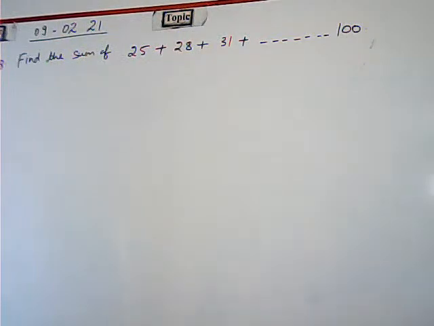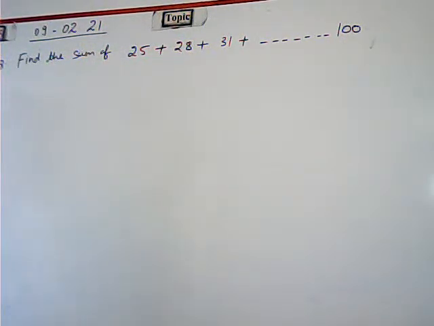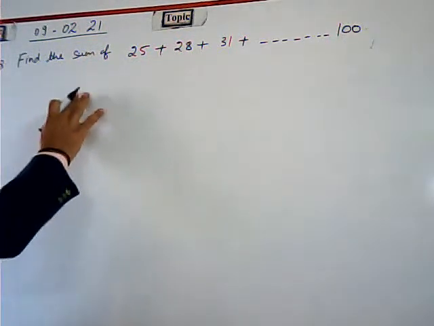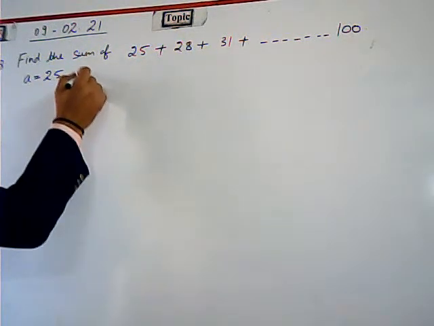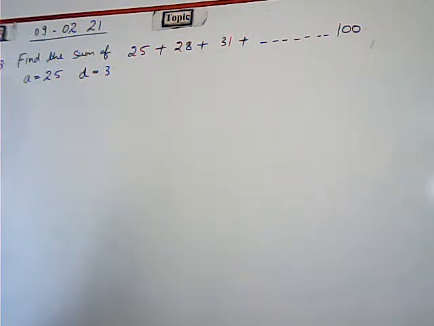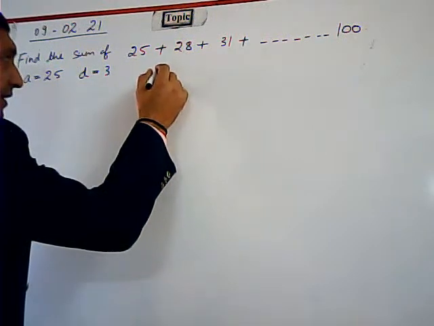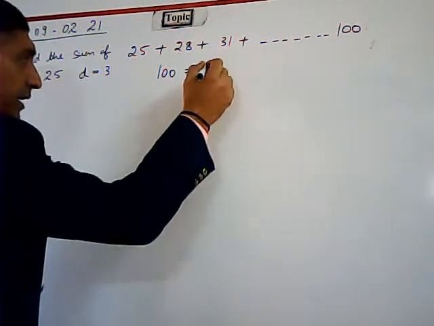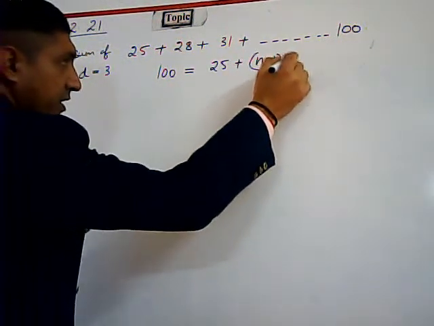So here Abhinandan also very right, it is 128, n is 128. So here a is 25, d is 3, common difference is 3. So here first we have to find n. So an, that is 100, is equal to a plus n minus 1 into d, d is 3.